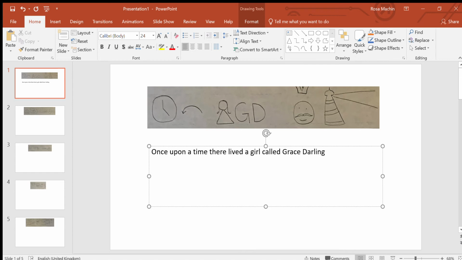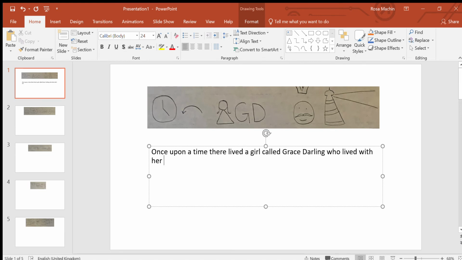Once upon a time, there lived a girl called Grace Darling who, I'm going to count the words on my fingers as I go along, who lived with her father in a lighthouse. Who is another red word. We've already had a go at writing the word lived here, haven't we? Lived. With. W, i, th. With. Her.